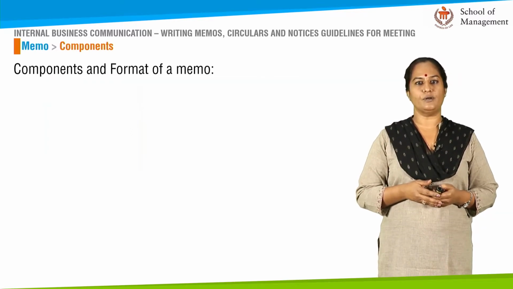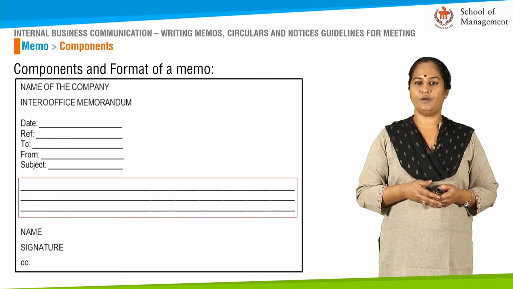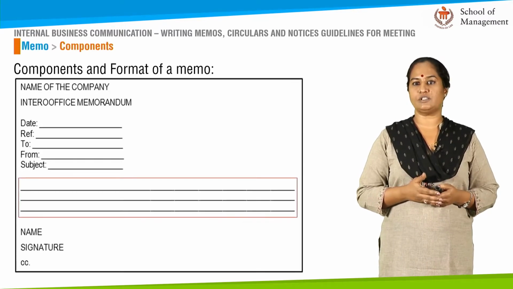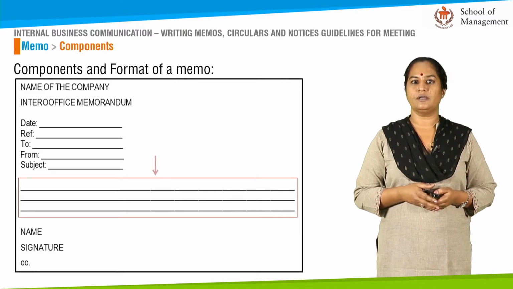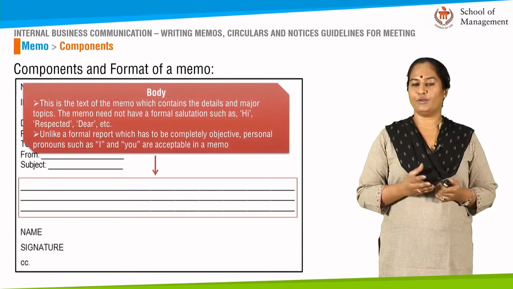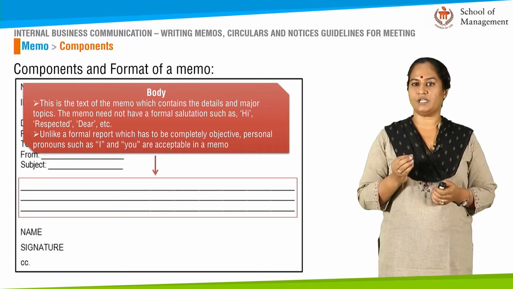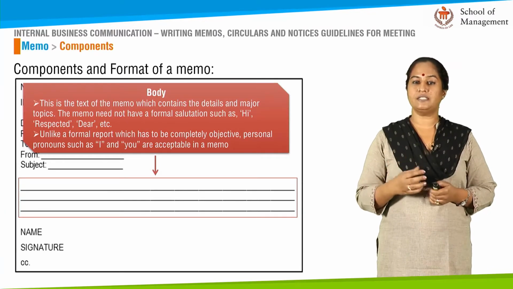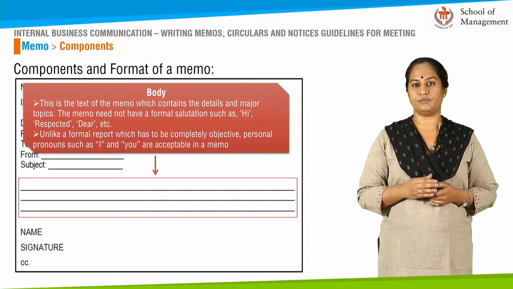Now let's move into the body. Now the body of the memo is where you actually start to practice the 3 C's of précis writing. The body has to be crisp, it has to cover all the main points, and it has to sound very professional.